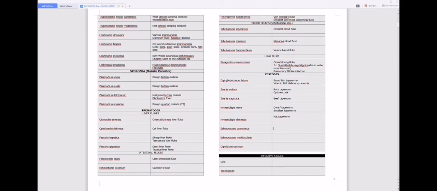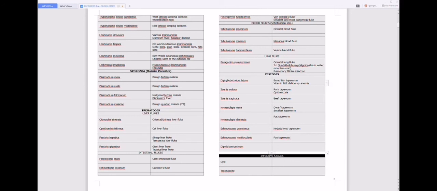Next, Echinococcus granulosus, hydatid cyst tapeworm. It is called hydatid cyst tapeworm because nagfo-form siya ng mga hydatid cysts in its infected host. Next, Echinococcus multilocularis, fox tapeworm.